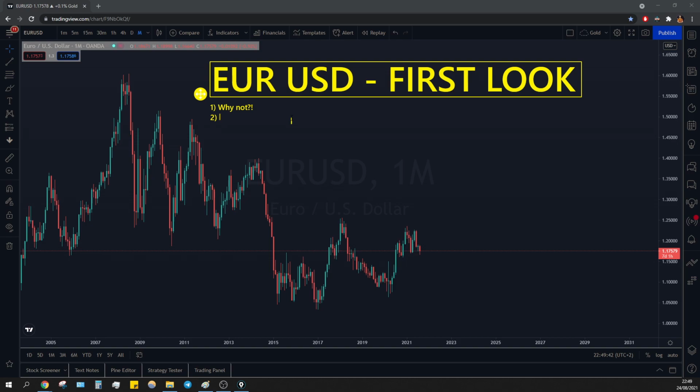Second reason: what do I have in my arsenal? We have gold, which is a safe haven versus USD.